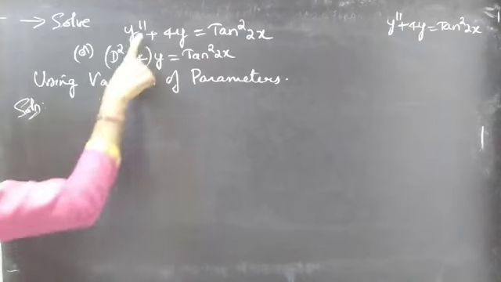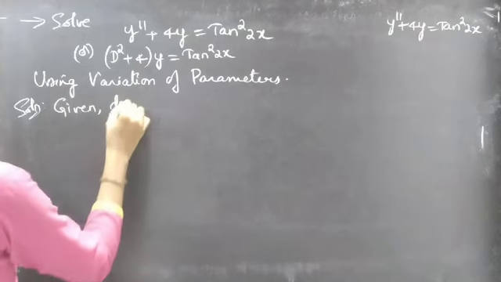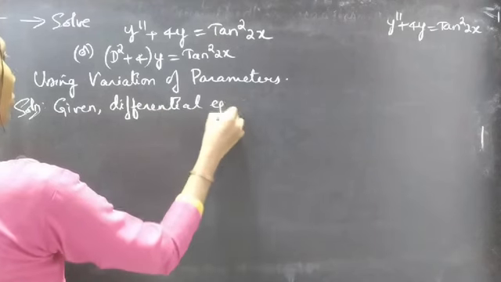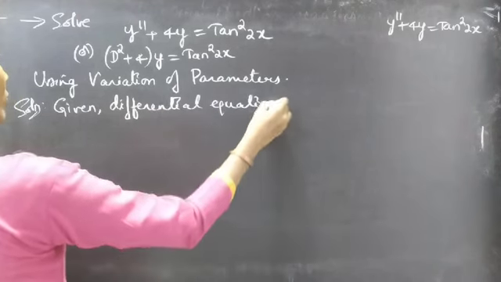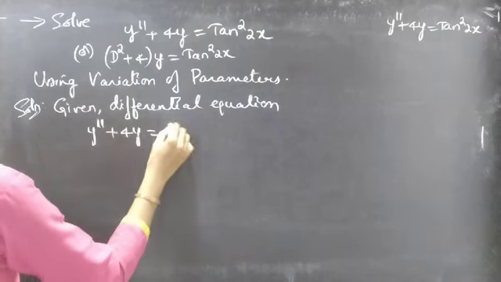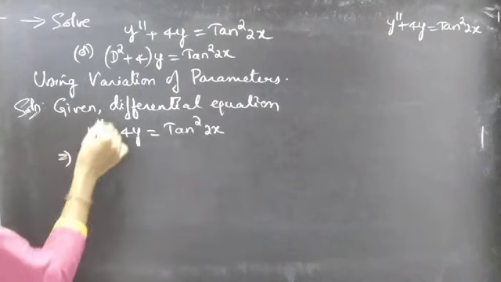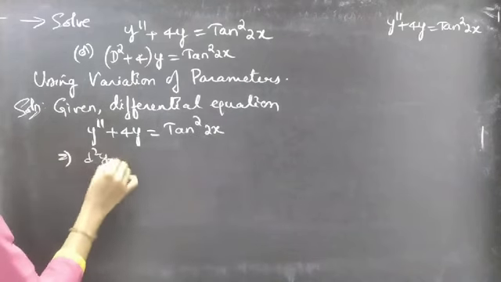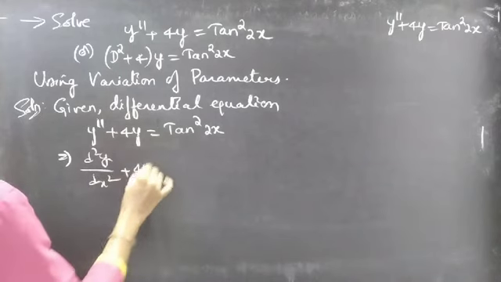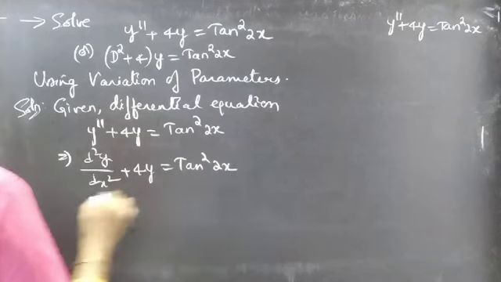So we are given a differential equation of order 2. Given differential equation, y double dash plus 4y equal to tan square 2x, or you can write y double dash as d square y by dx square, that is the double derivative of y with respect to x, plus 4y equal to tan square 2x.